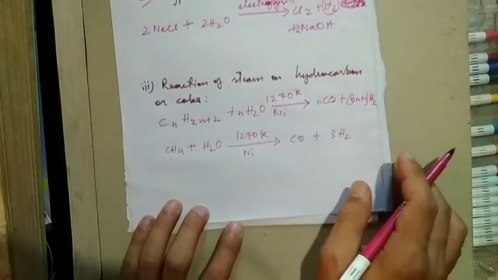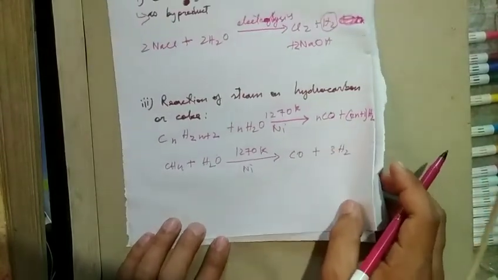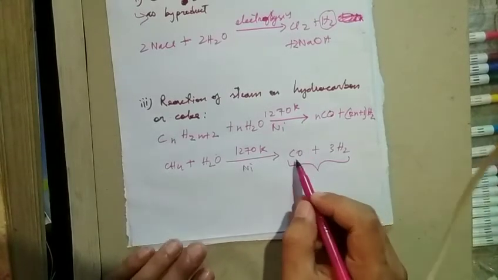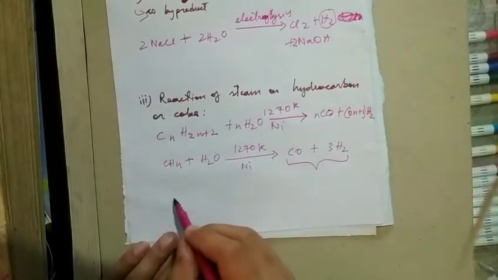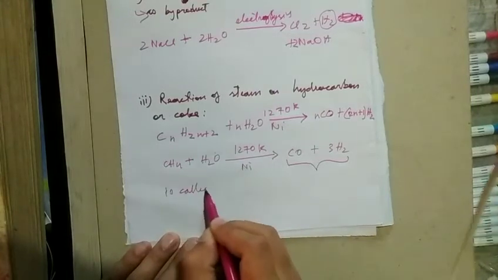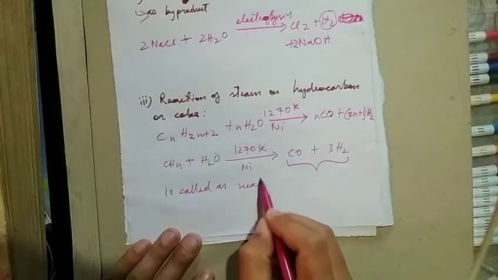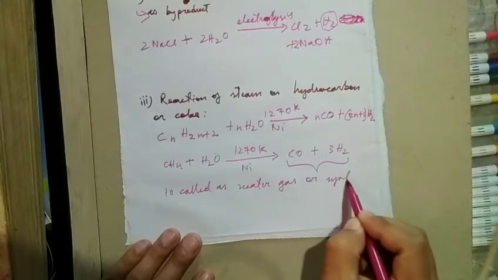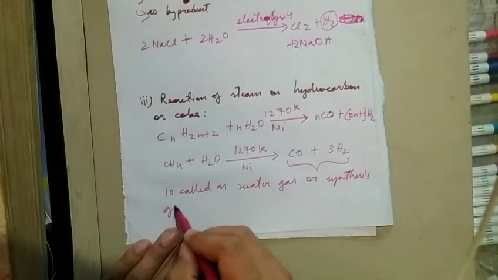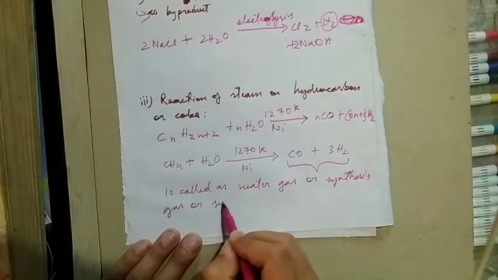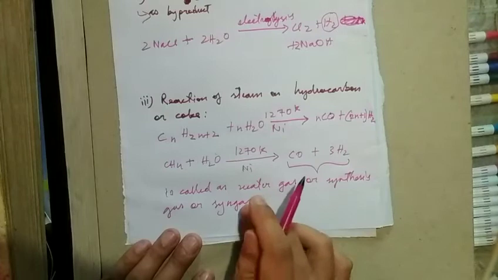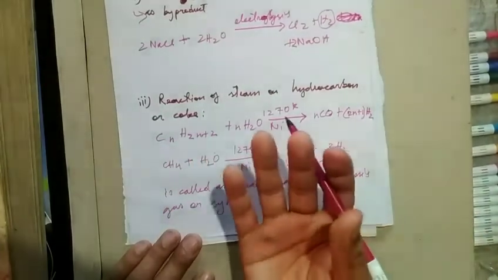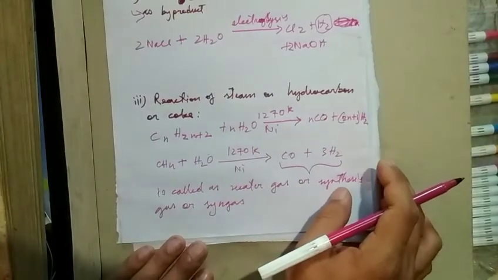This mixture of CO and H2 is called water gas or synthesis gas or syngas, since it is used to manufacture methanol and a number of hydrocarbons.